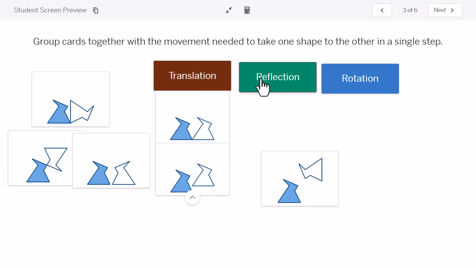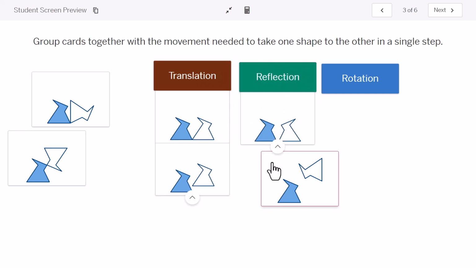Switch that over. Let's find any that are reflections. Remember, that's when it kind of faces the other direction. Okay, these bunnies, I think they look like bunnies. These bunnies look like they're facing each other. I think that's the bunny nose right there, and those are the bunny ears. Going back. Okay, so this is a reflection.